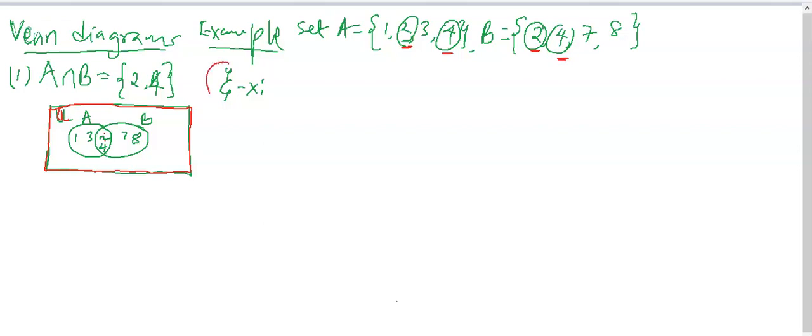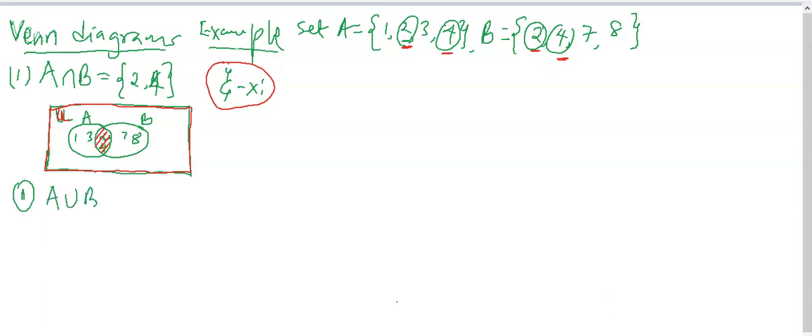Remember that the Greek letter Xi can also be used to represent the universal set. So where we have 2 and 4 is the intersection of A and B. And hence we can say that A intersection B is that part that I have shaded.